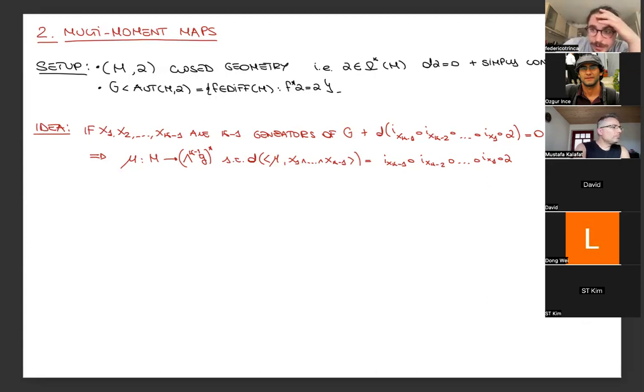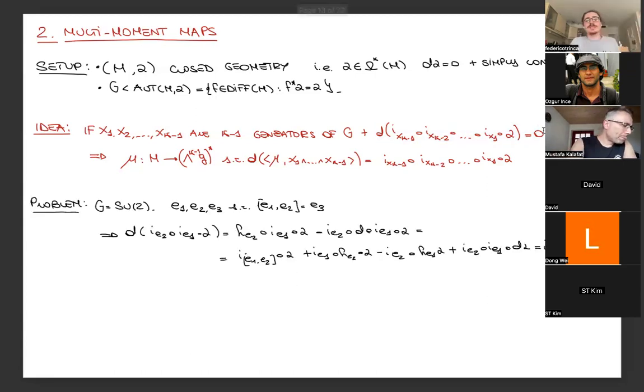Unfortunately, there is a big obstruction for this to work, and the problem is that in general such a condition cannot be true. A simple example is SU(2).